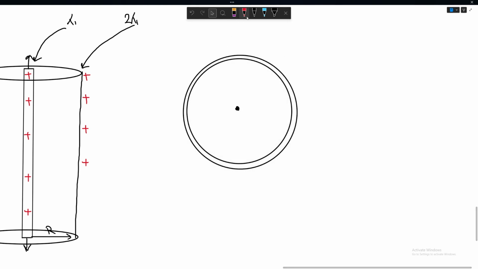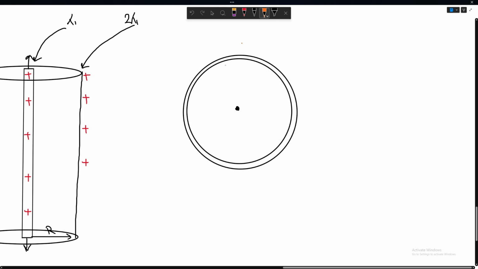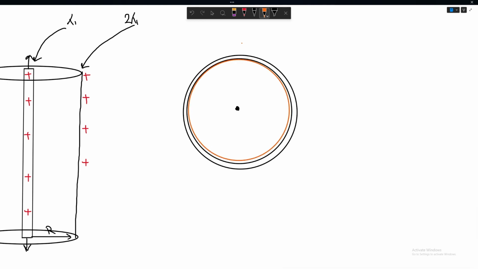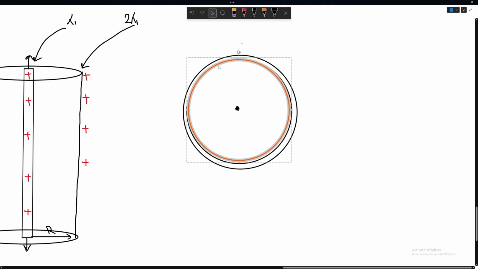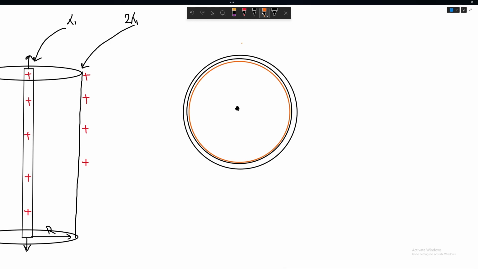All right. So what they're saying is check the electric field. I'm going to use orange for electric field. I'm looking for the electric field within this orange circle. And obviously this orange circle is almost the same. How do I know this? I'll show you in a bit. So we're saying it's when R is the distance from this wire all the way to the outside.